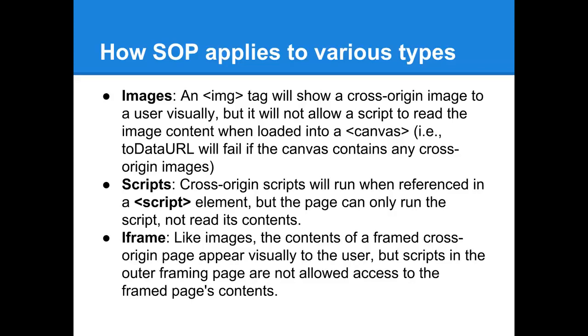The one drawback that is humorous is that the document can't read the script's contents. For iframes, it's similar to images. The iframes will always be displayed to the user, but scripts executing in the outer frame will not be allowed access to objects in the inner frame, and vice versa.